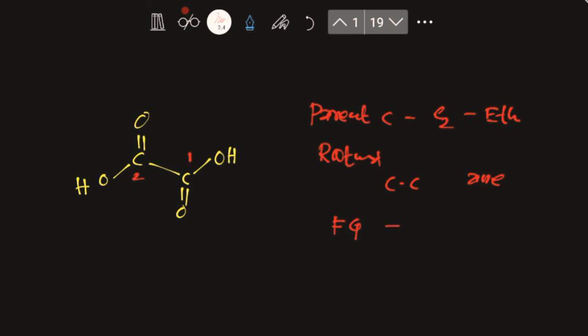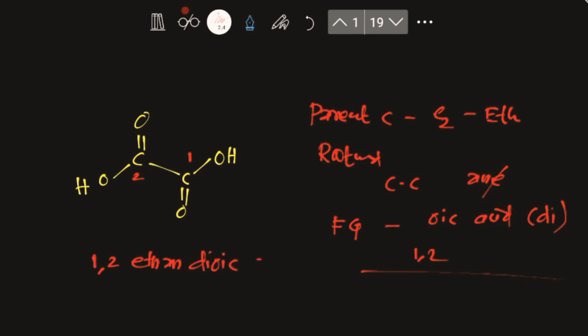Replacing the e by oic acid, but there are two oic acids, so it is mentioned as di, at positions 1 and 2. Combining all of this, the name of the compound is ethane-1,2-dioic acid, or simply ethanedioic acid, or oxalic acid. So this is about your first compound, oxalic acid.